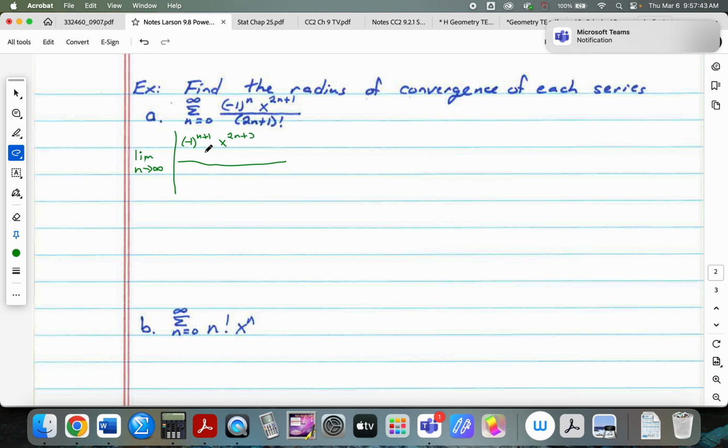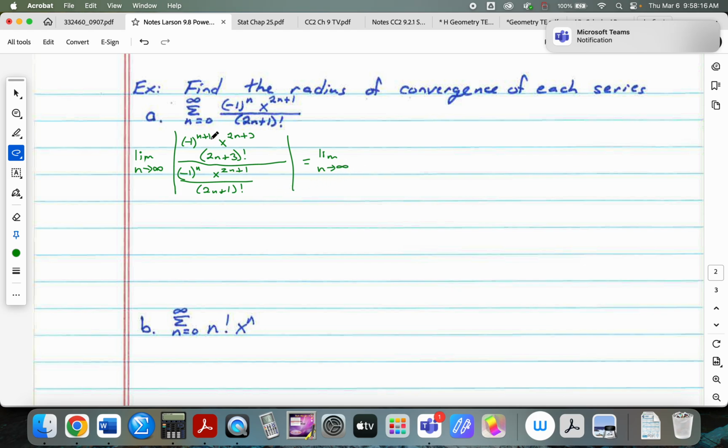Over, this will be 2n plus 3 factorial, over -1 to the nth, x to the 2n plus 1 over 2n plus 1 factorial. Close the absolute value. So that'll be equal to the limit as n goes to infinity.